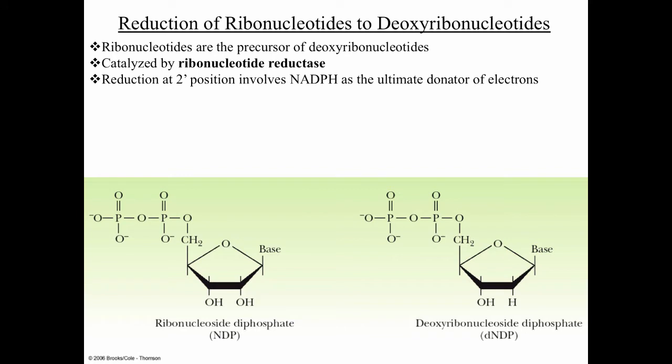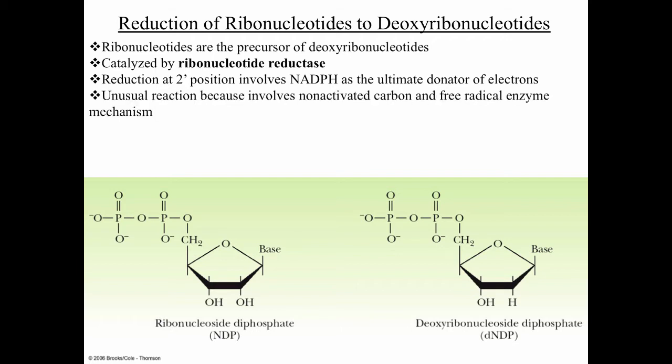What it does is it reduces the 2' position of the ribose ring of the ribonucleotide, and this involves NADPH as the ultimate donor of electrons. So the hydroxyl group is reduced and replaced with a hydrogen at that 2' carbon. The reaction is quite unusual because it involves this carbon that's not activated and a free radical enzyme mechanism.